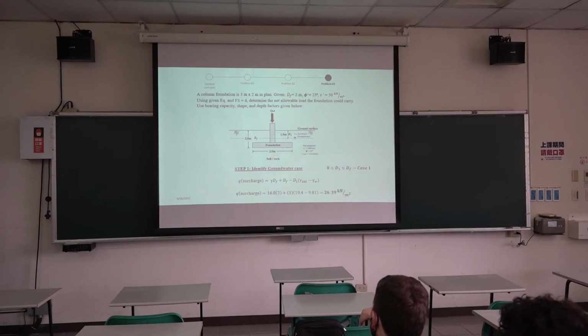Then we get this value, 26.39. That is the effective surcharge that you use for this kind of problem. I hope you can follow. I know probably it's not as simple. So if you have any questions, please ask them.